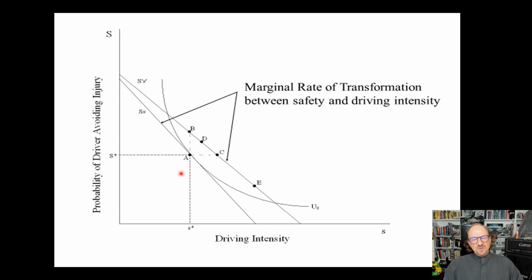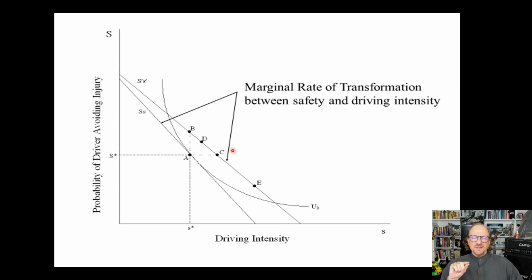And that acceptable risk would be represented by this point A, where you're trading off how fast do you drive, or how distracted do you drive, and what is your probability of avoiding an accident. Now, again, each individual person in your data set will have a different point A. So now, if we do a safety improvement, an ITS safety improvement, or something in the smart city that shifts this equilibrium, the line which has the marginal rate of transformation moves to the right.